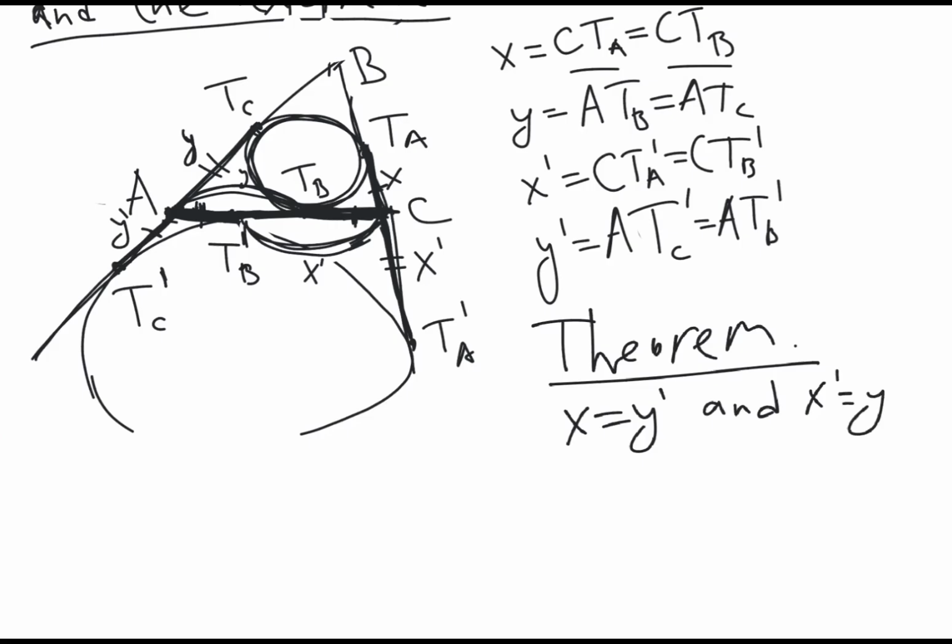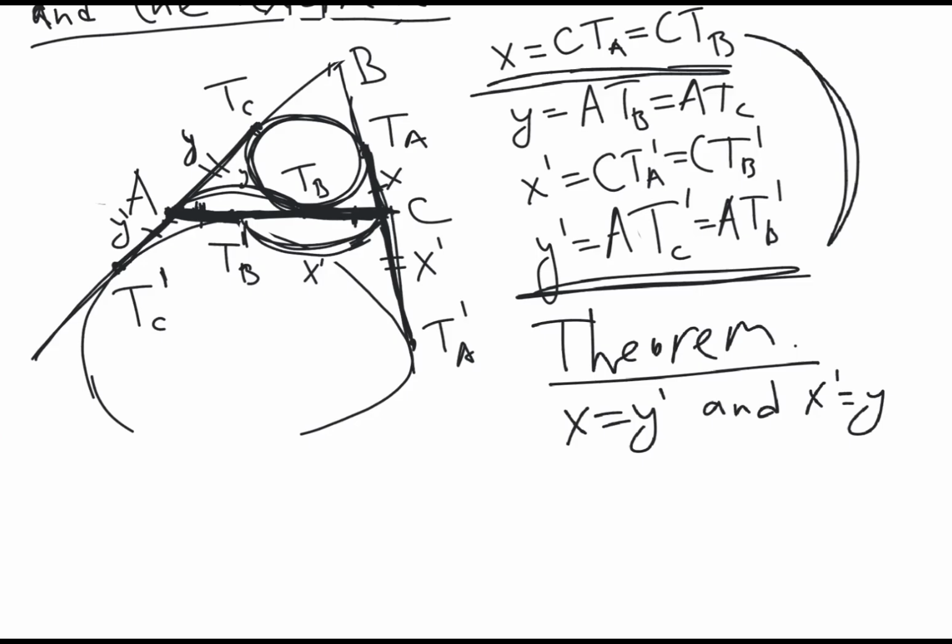So these two are equal to each other, and these two are equal to each other. Okay, so the proof is basically we notice that with this notation, the side AC can be represented in two ways.